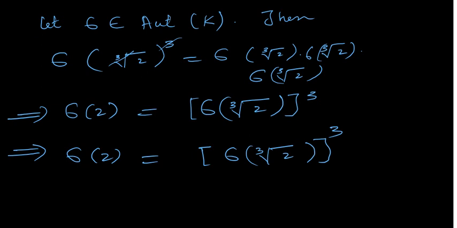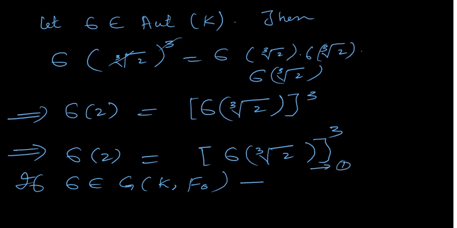But if sigma is in G(K, F naught), which means it fixes every element of F naught, the field of rational numbers, I will call this 1.